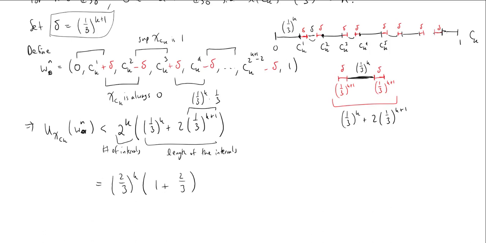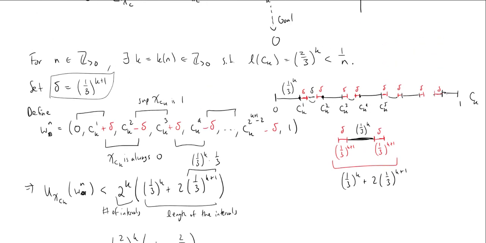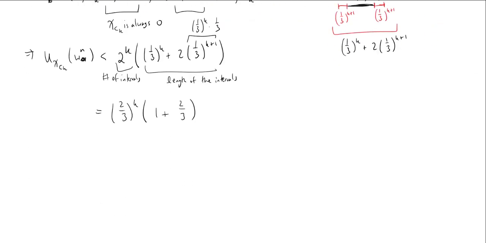But 2/3 to the k, we had done something. We had made k large enough so that 2/3 to the k was less than 1 over n. So down here, this is less than, well, let's see, 1 plus 2/3 is 5/3, so 5/3 times 1 over n.